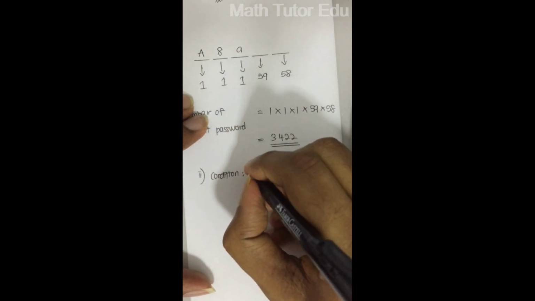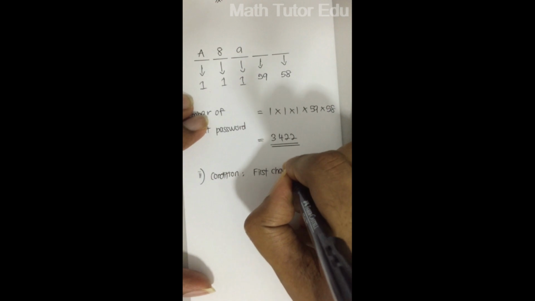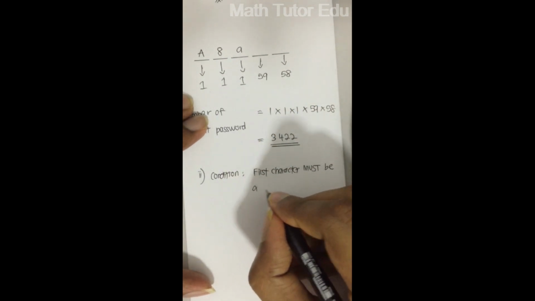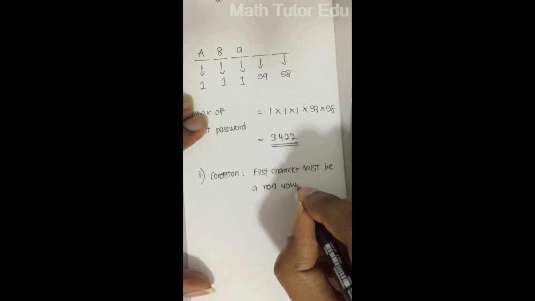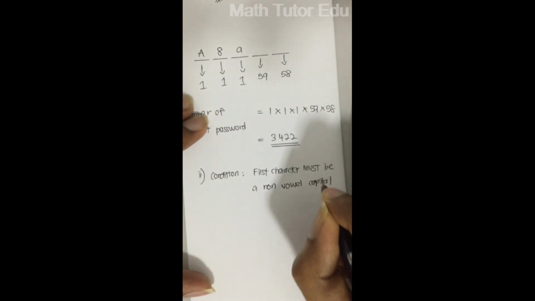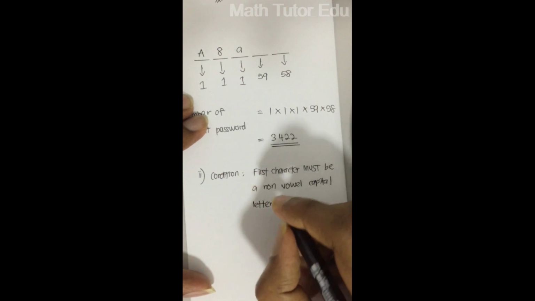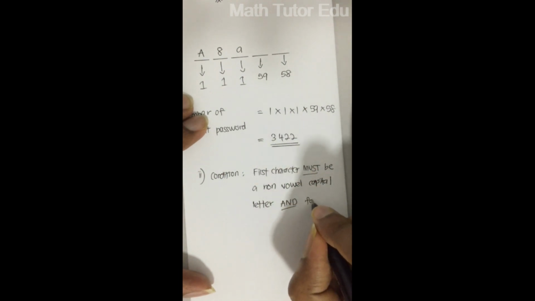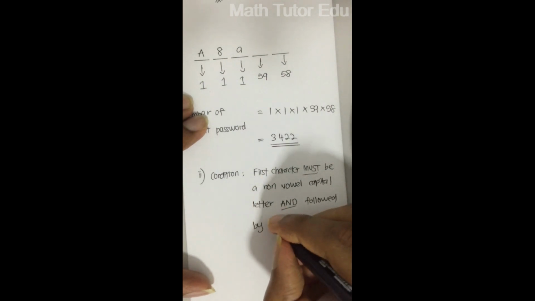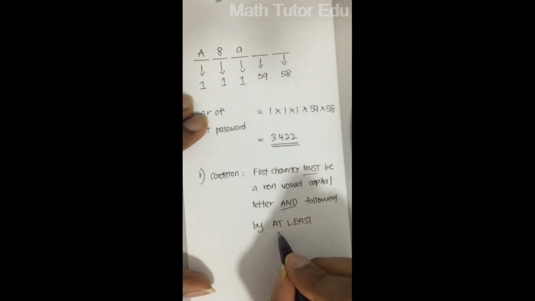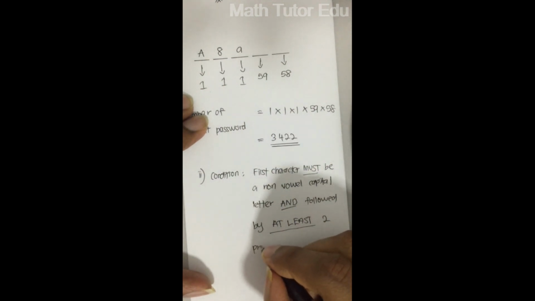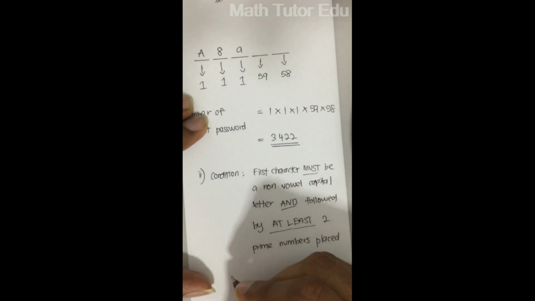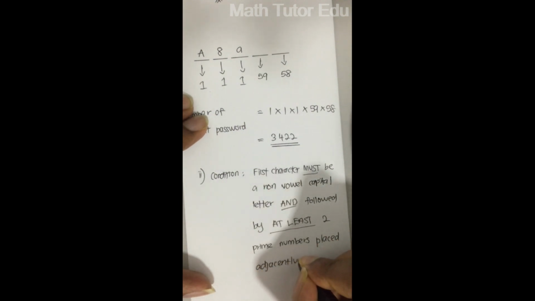Condition: first character must be a non-vowel capital letter and followed by at least 2 prime numbers placed adjacently.